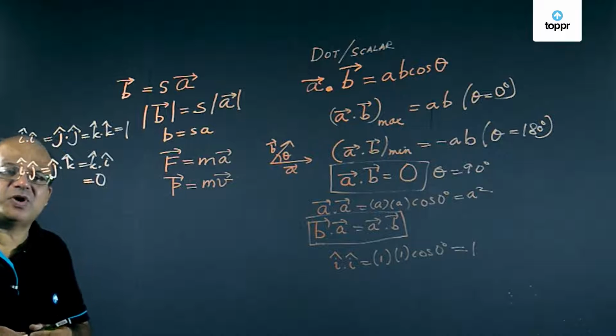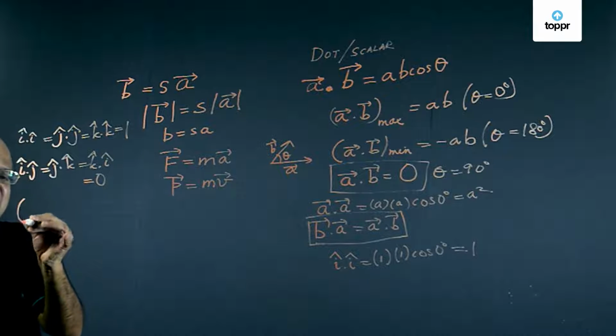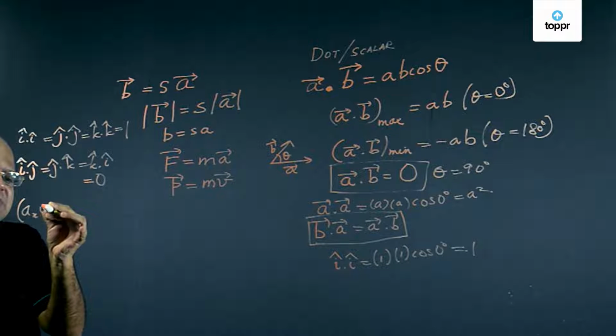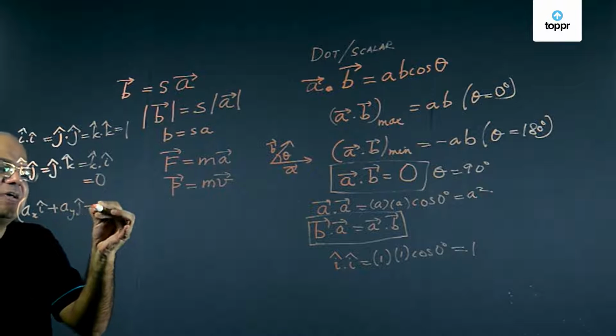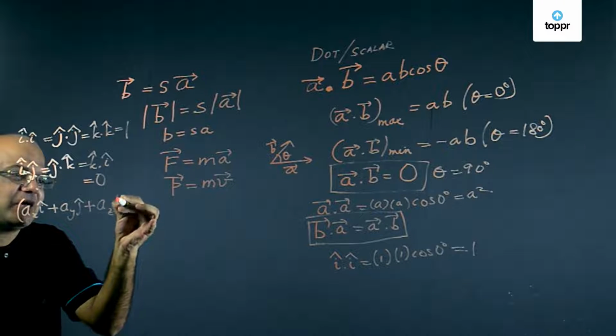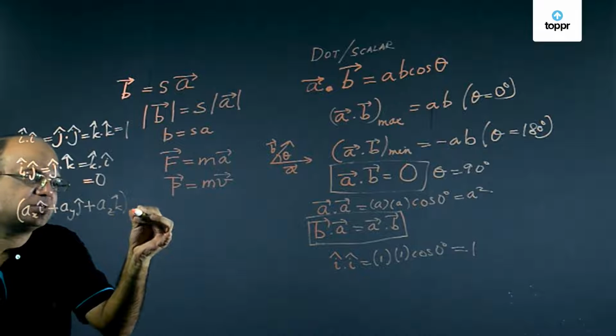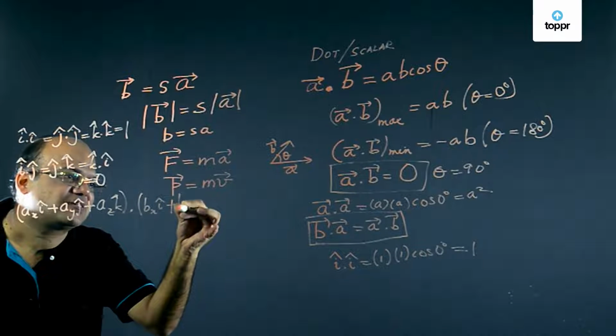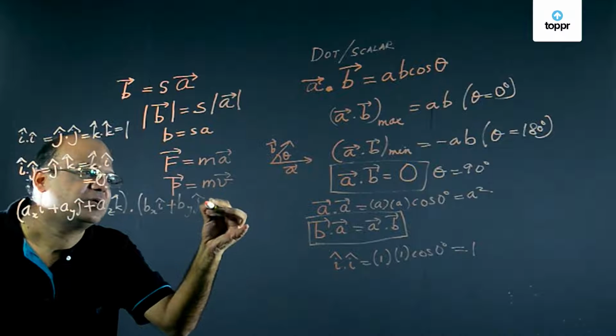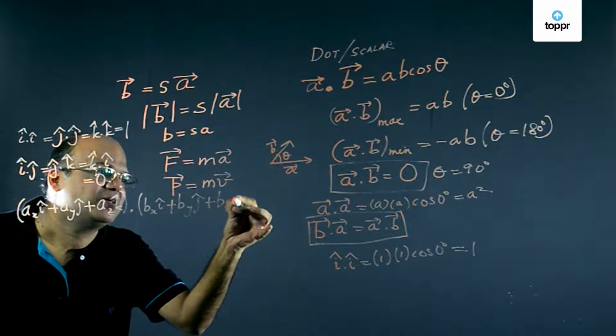Suppose we have to find the dot product of Ax i cap plus Ay j cap plus Az k cap dot Bx i cap plus By j cap plus Bz k cap.